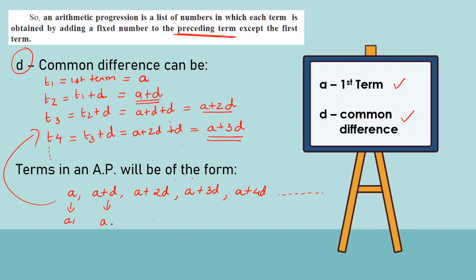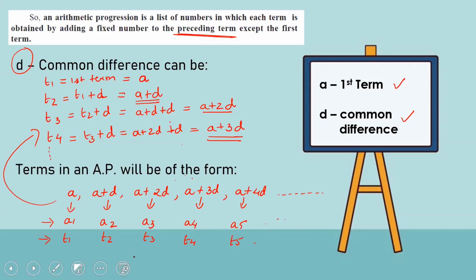This will be your second term, A2, third term, A3. Again, some textbooks give it the name A1, A2, A3. Some textbooks give it the name T1, term 2, term 3. This will be term 4, this will be term 5, T5, and so on. That does not make a difference at all, right?